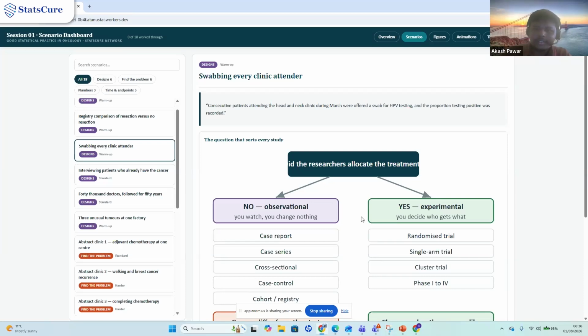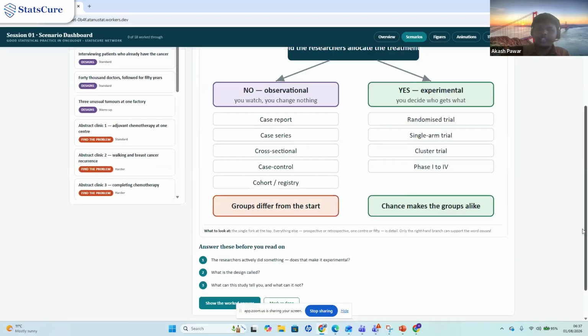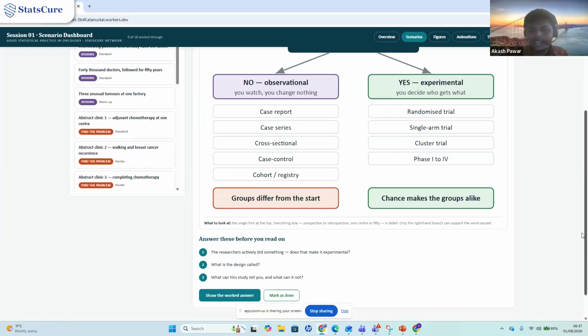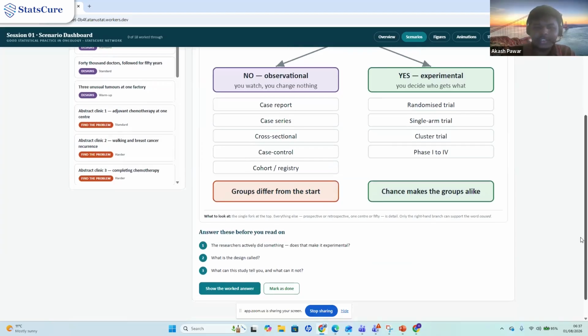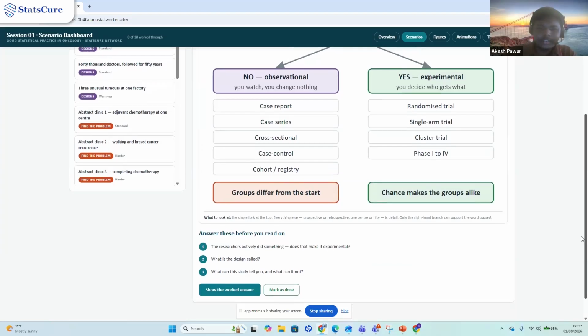Or it can be cohort. Cohort. So we received one answer as cross-sectional, one as cohort, and one as RCT. Can we have a reason behind all these answers? Can anyone tell one reason?